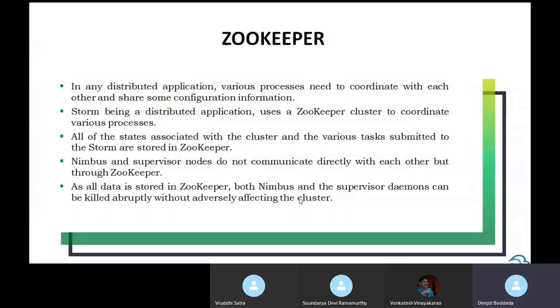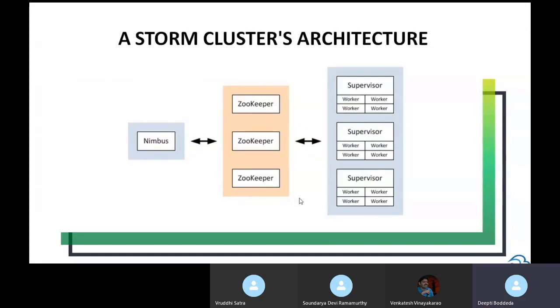If some supervisor node dies, Nimbus identifies that the supervisor has died, and the work is run on another node. So this is what sir has explained about ZOOKEEPER, and this is the Storm cluster architecture.